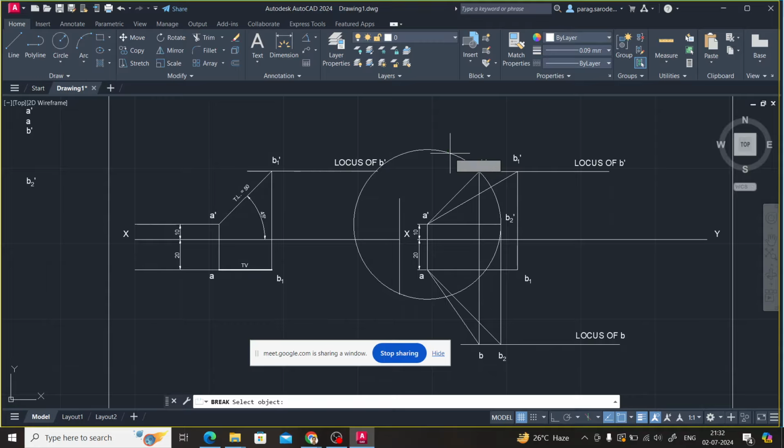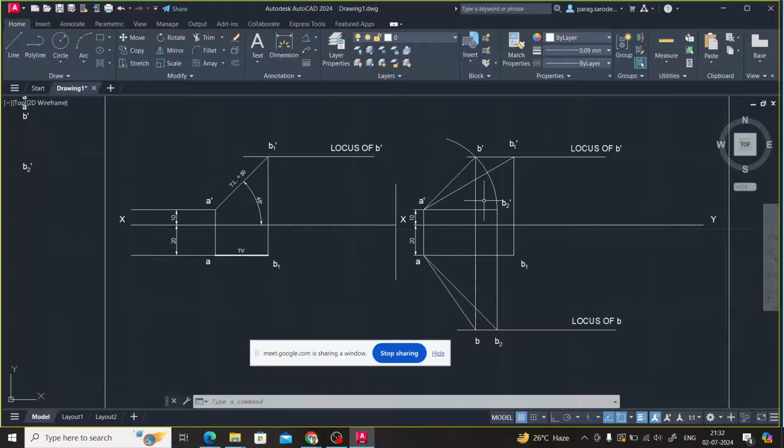I'm just selecting this break, retaining the portion of the arc that I want. It's a matter of practice. At first you will not understand in which direction to proceed. So you can use trim, retaining as much of the circle as possible, which will show an arc. Okay, then select this a dash b dash and ab and we will make it thick.